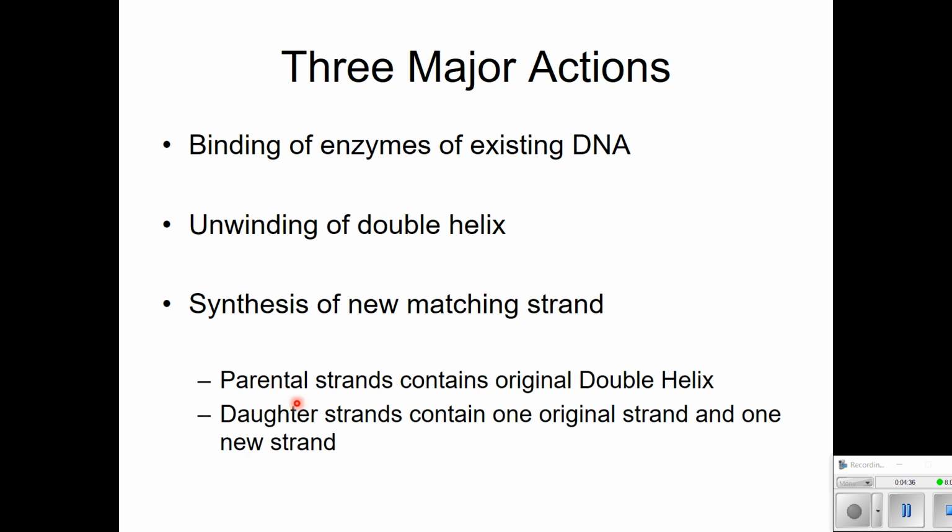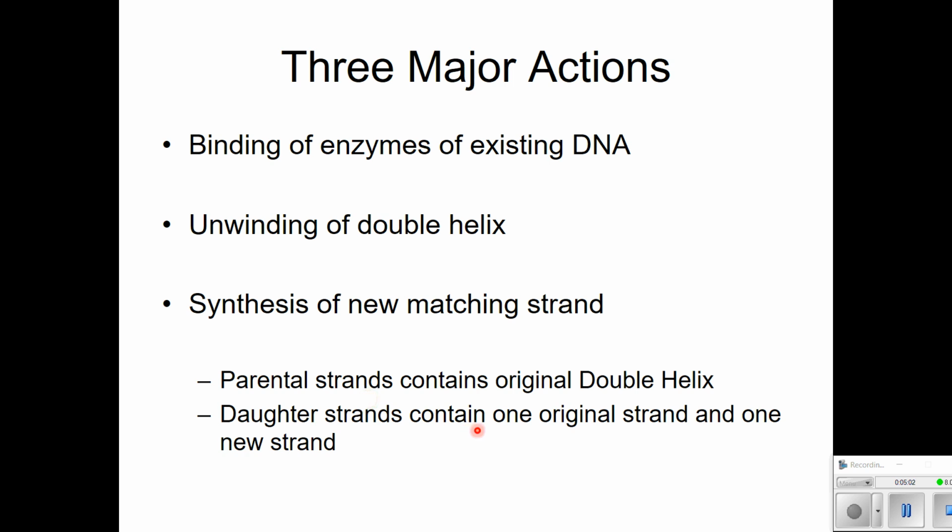For future reference, as we go throughout this talk, parental strands are part of the original double helix molecule. So when you think about a double helix, which is two sides of a DNA molecule, we call each of those sides a parent strand because it was already there. It was present before replication started.